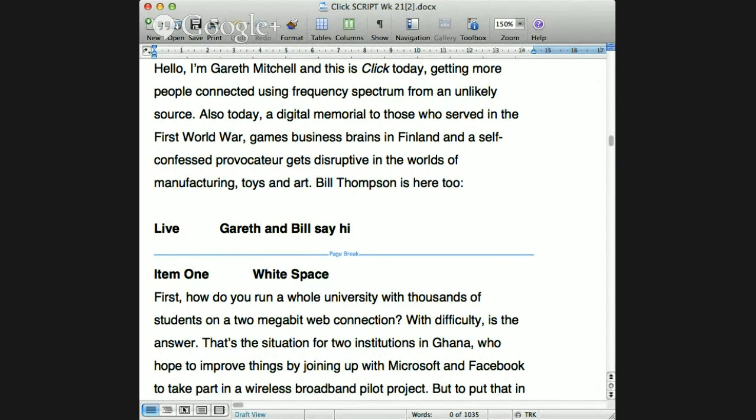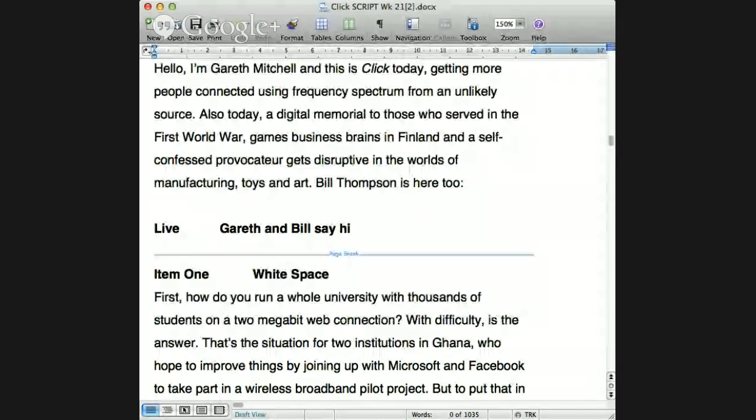So, comment from Bill as we go along. But first, how do you run a whole university with thousands of students on a 2 megabit web connection? Well, with difficulty, that's the answer. But it is the situation for 2 institutions in Ghana who hope to improve things by taking part in a wireless broadband pilot project. But to make it all work, you need bandwidth. To get bandwidth, you need to use part of the radio spectrum.